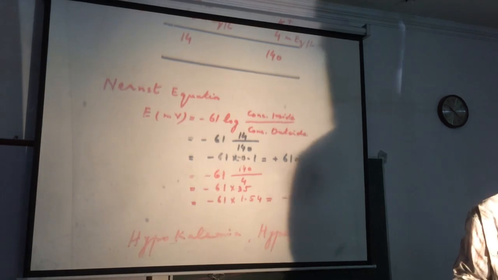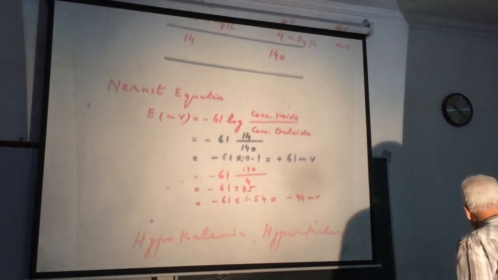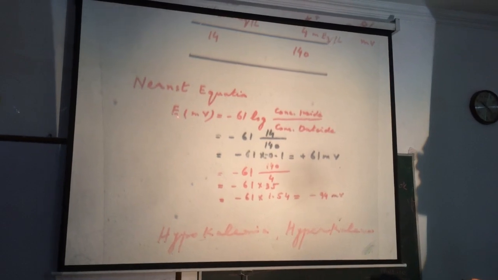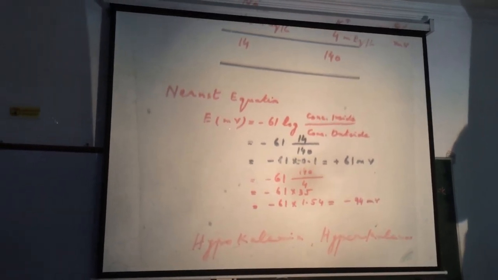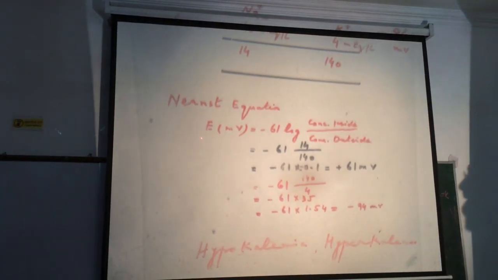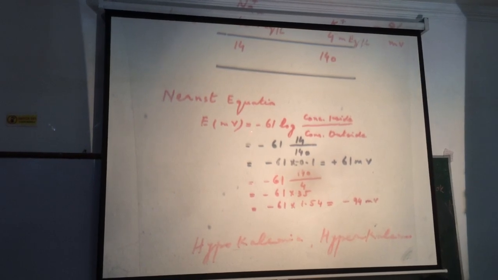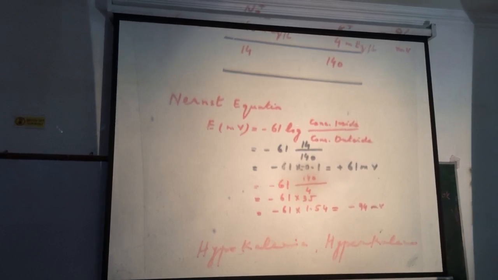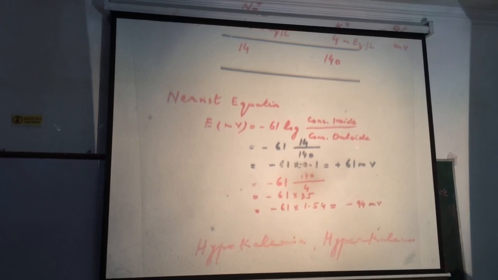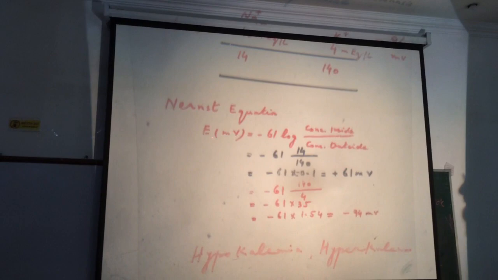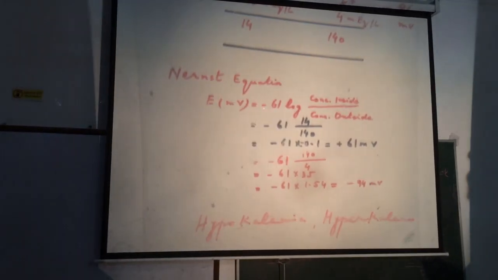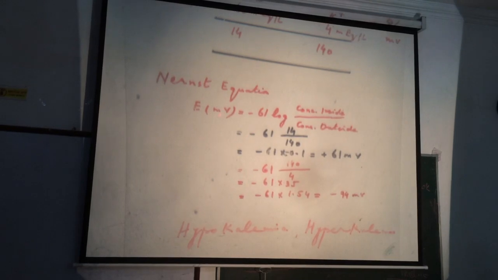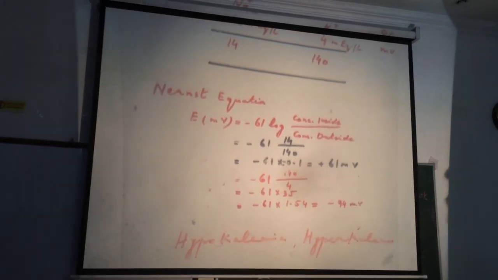The Nernst equation is: E, the electrical potential in millivolts, is equal to minus 61 log of concentration inside divided by concentration outside. This is the Nernst equation.